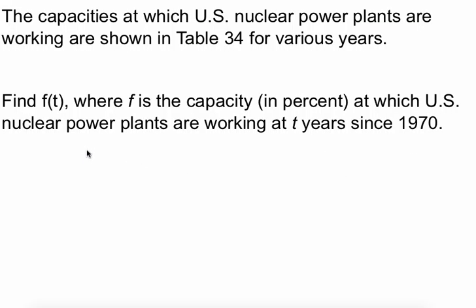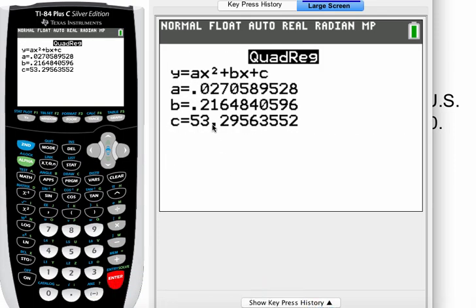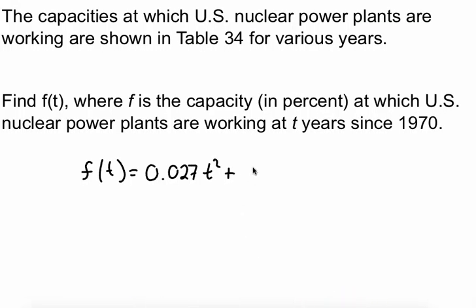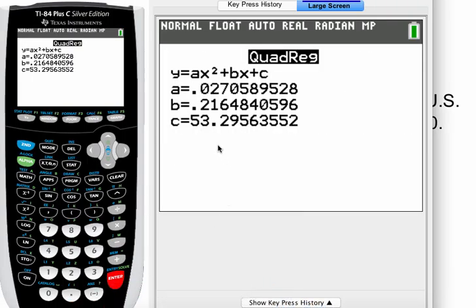So f of t equals 0.027 t squared plus 0.216 t plus 53.297, or 53.295 if we round.